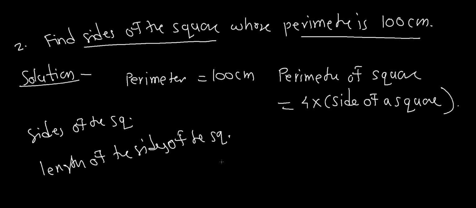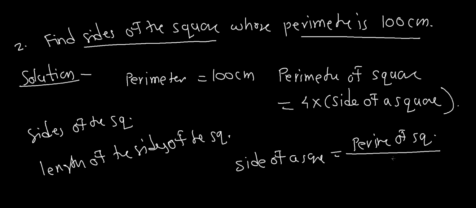Based on this perimeter formula, we can find the side of the square: side of a square equals perimeter of square divided by 4.